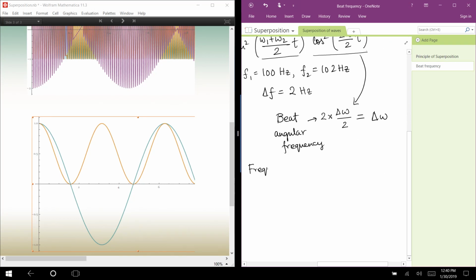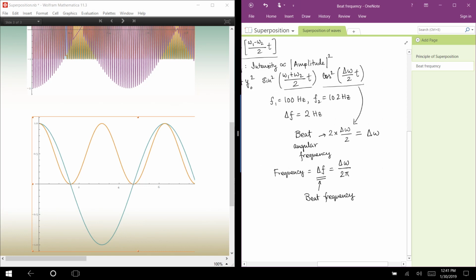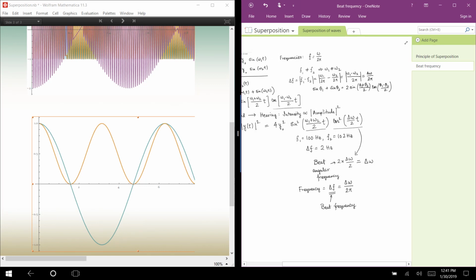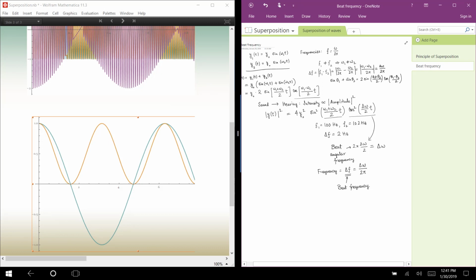So the frequency is equal to delta f, which is equal to delta omega divided by 2 pi. And this is referred to as the beat frequency. So beat frequency is the frequency of sound that you hear due to two different sounds interfering. The interfering sound waves have slightly different frequencies, and the beat frequency is equal to the difference in the two differing frequencies that are interfering.